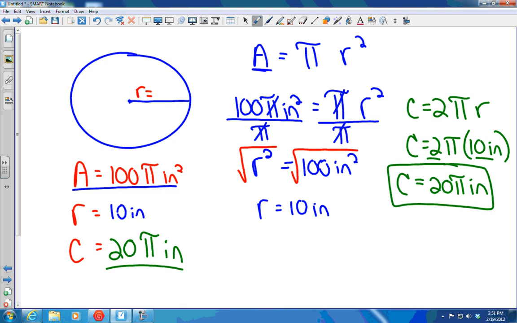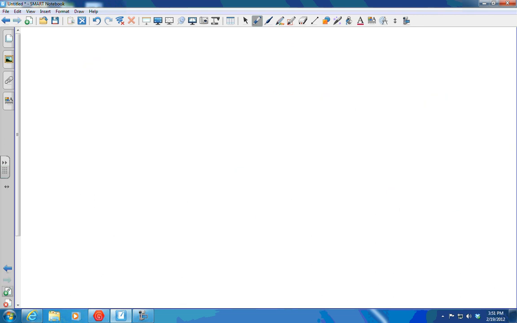Okay, let's try a slightly different problem, but same idea. Let's say we have our circle again. And let's say that this time we know the circumference of the circle. This time we know the circumference equals, let's say 16 pi.